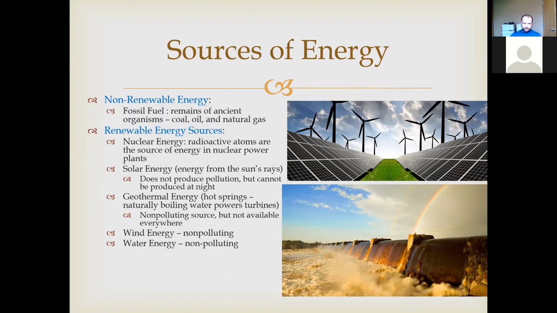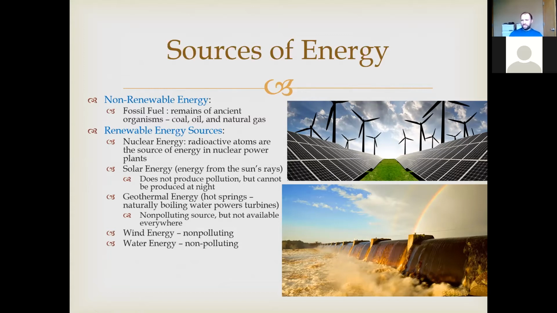And the one less common renewable energy source that I skipped over there is geothermal energy. That's naturally heated water in the earth. You can harness geothermal hot springs and turn that into usable energy, just like you can those other things.